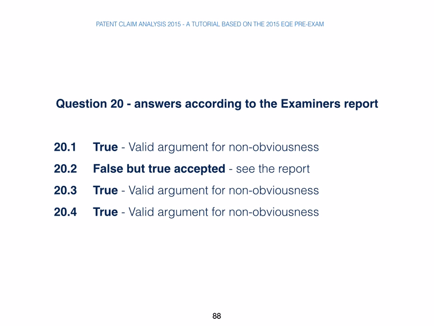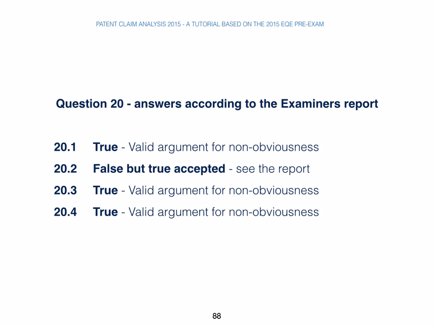It's a valid argument for non-obviousness, and 20.4 is true. It's a valid argument for non-obviousness. How did you do? 20.2 is special because the examiners accepted both answers, and we'll discuss that later.